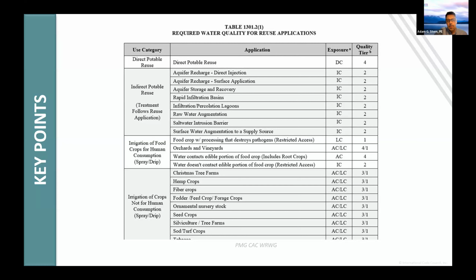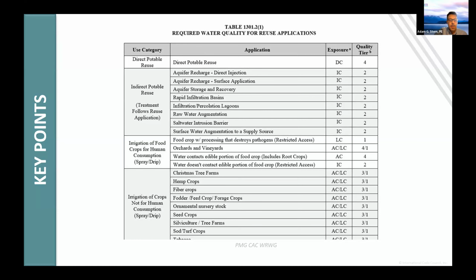Based on those uses, we assigned an exposure level. You'll see the ICs, DCs, ACs, and what do they mean? Well, DC is direct public contact where consumption is intended. So this is DPR. And that DC designation has a 1-to-1 correspondence with quality tier 4.